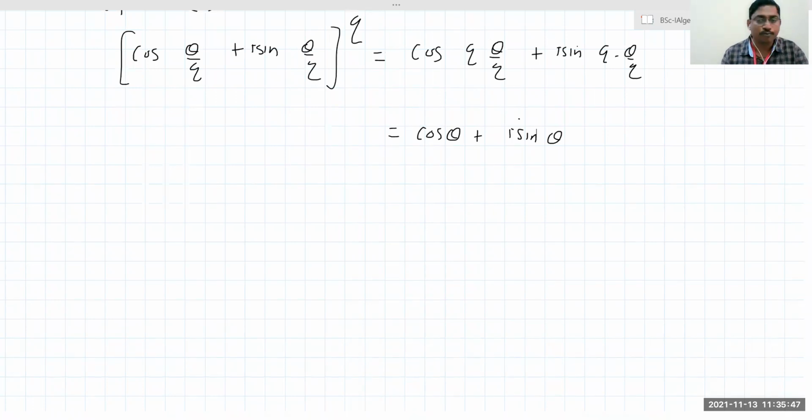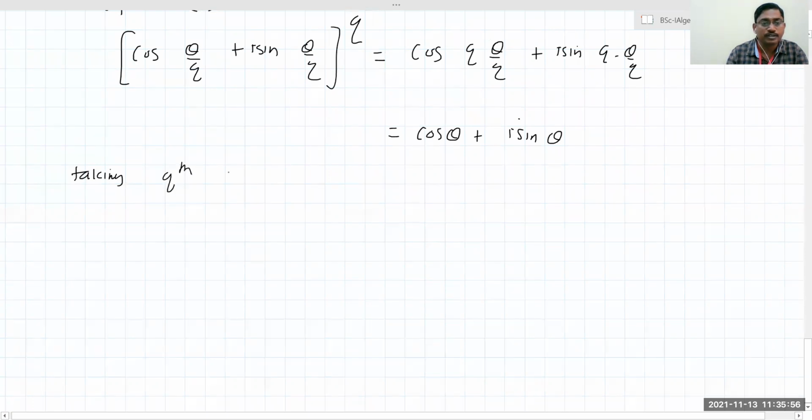Taking the qth root of both sides to cancel this. Now the qth root means it has q values.